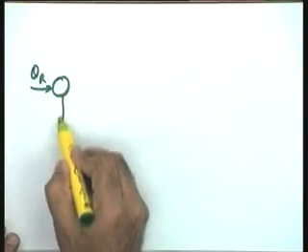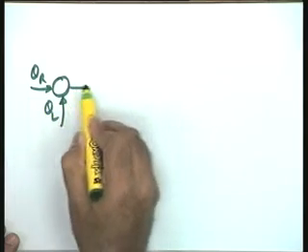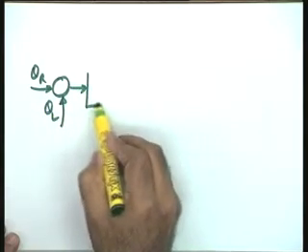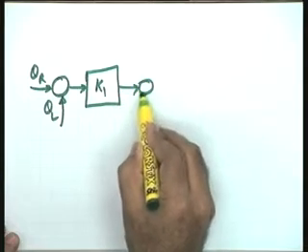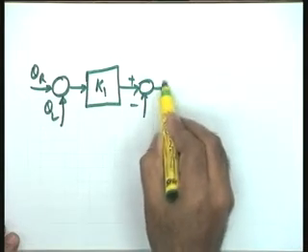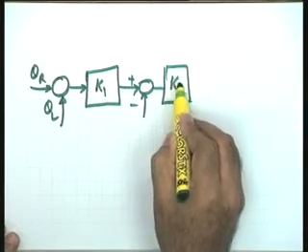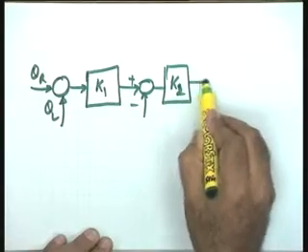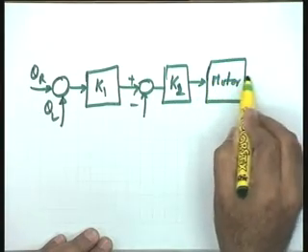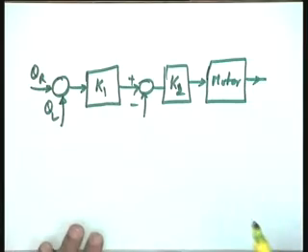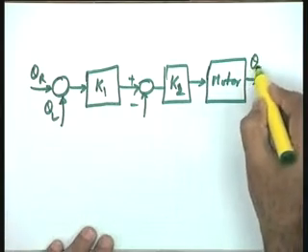With this voltage, the complete block diagram can be drawn. Theta r, theta L, a constant K1, plus minus another constant K2. Here let me take the motor. This now can be drawn this way without any problem, and this is theta m.